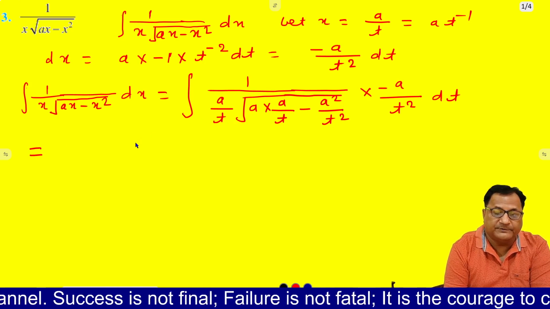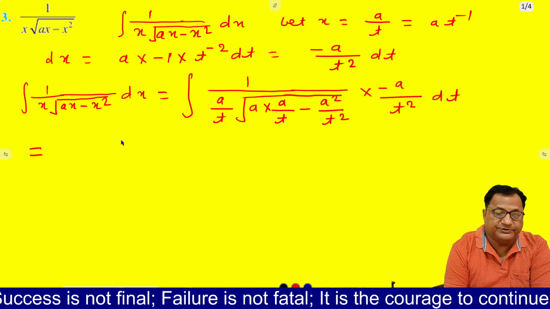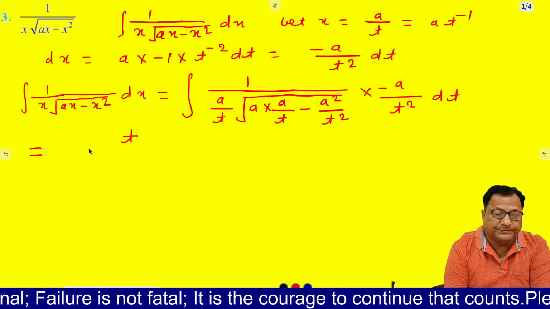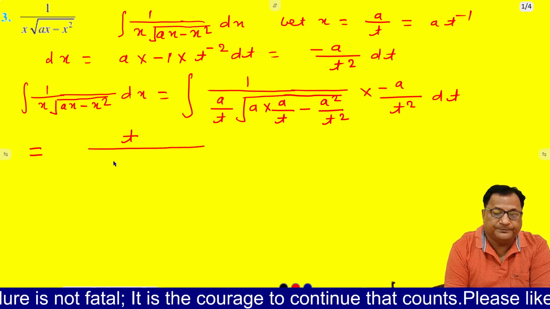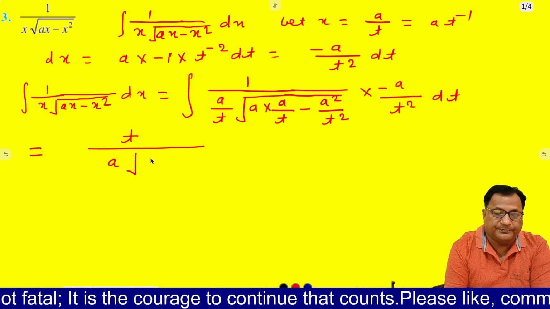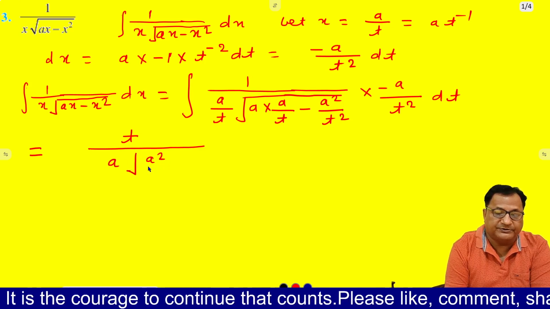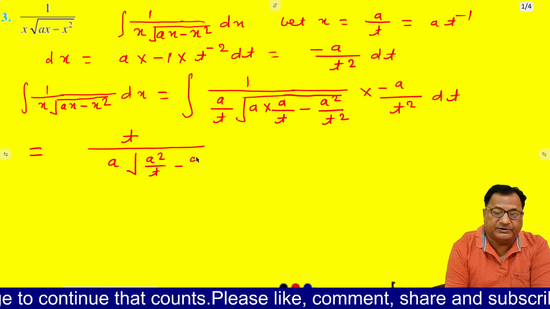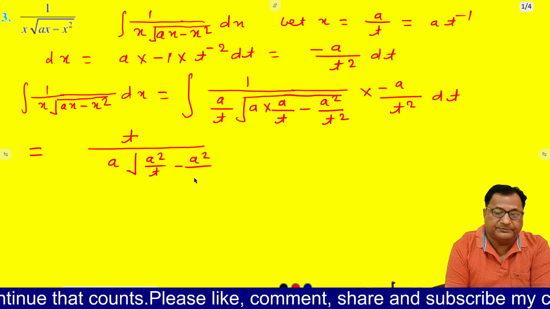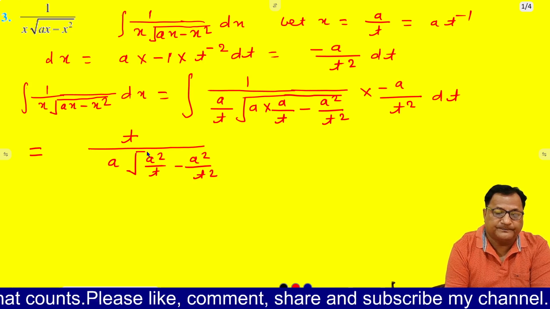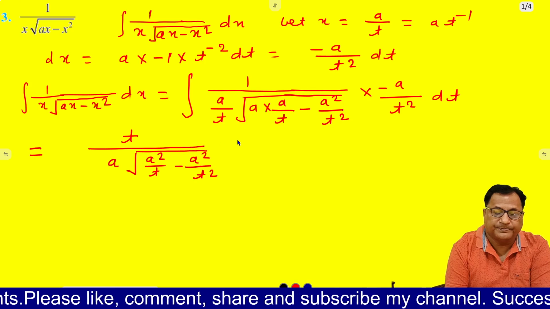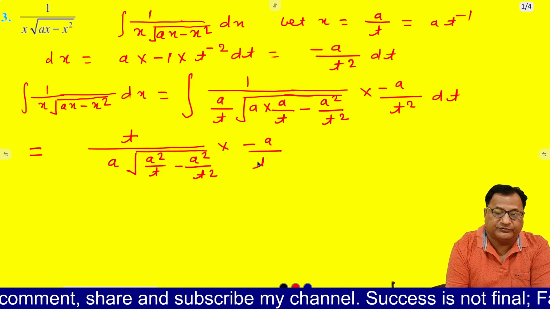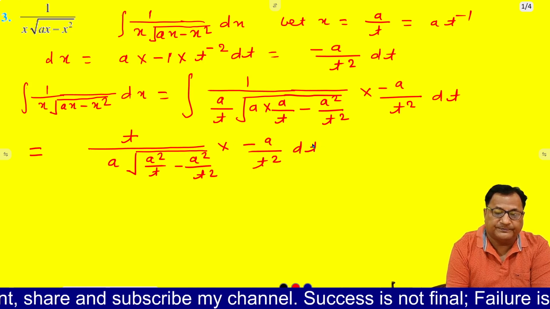So t will go up. Here it will be a, this will be a square by t minus a square by t square, into minus a by t square dt.